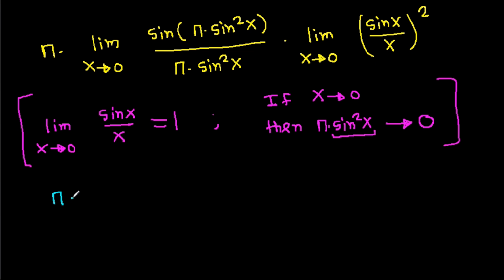So it is π times the limit as x tends to 0 of sin(π sin² x) over π sin² x, which will be 1, and the limit as x tends to 0 of sin x over x, squared, will be 1 squared.